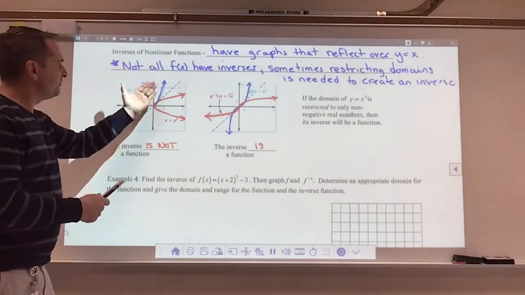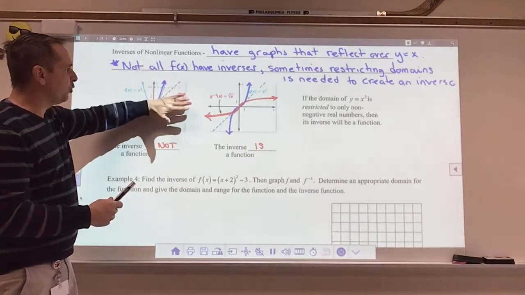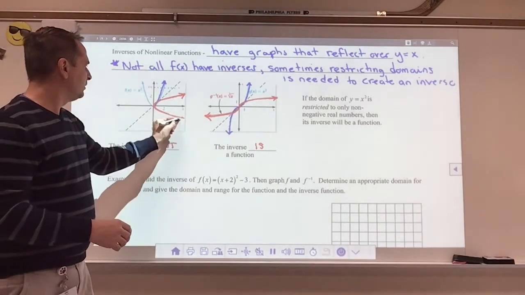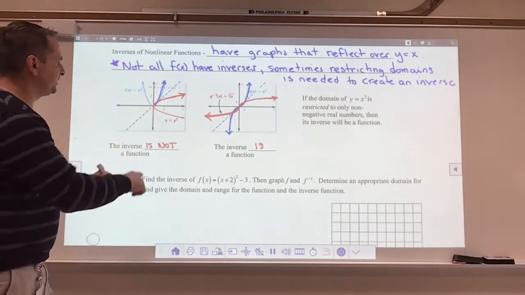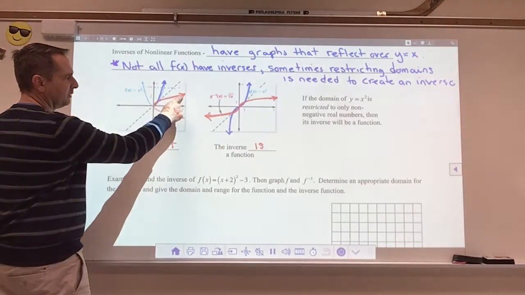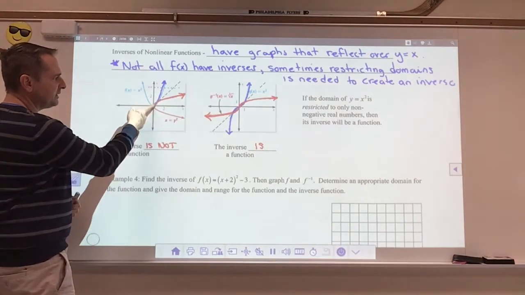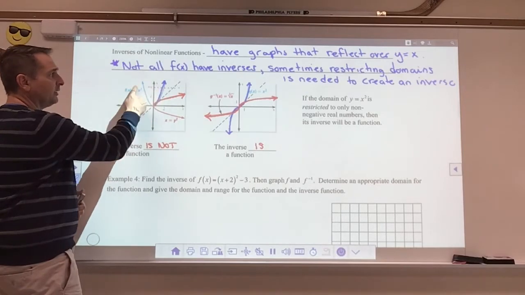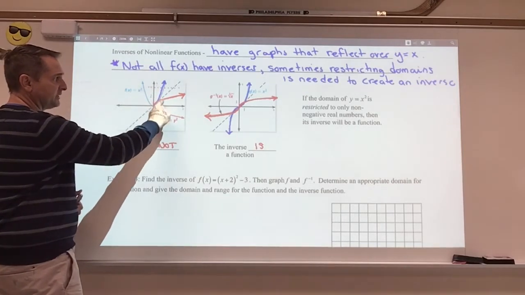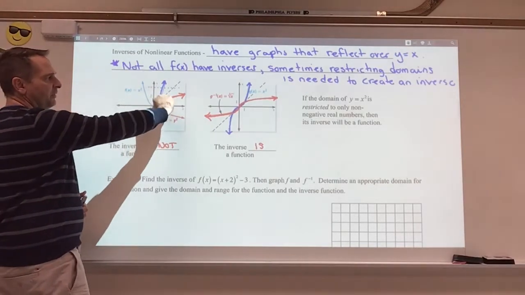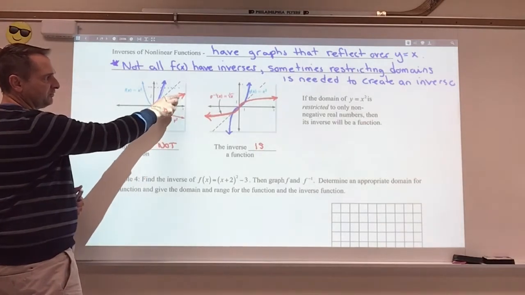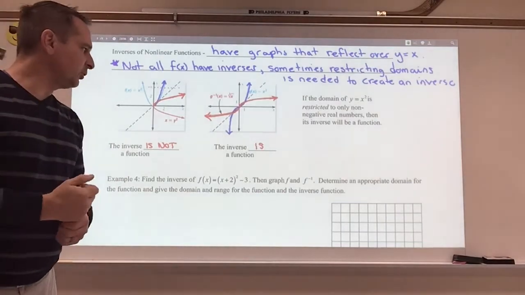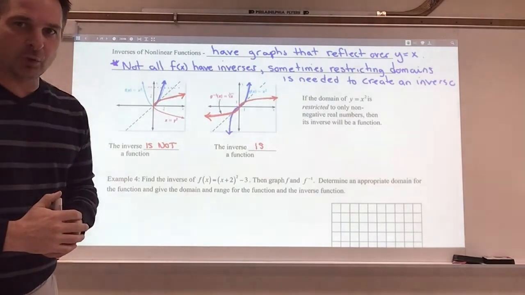If I reflect that over y equals x, that's going to result in just this part. So by restricting the domain, I still pass the vertical line test, and I also pass the horizontal line test. And now the inverse of that restricted function is also a function. We're going to take a look at that in a couple of examples moving forward.